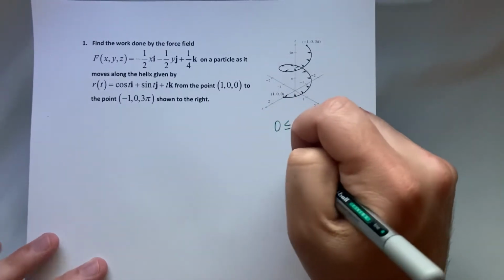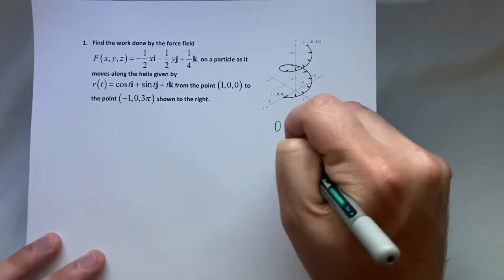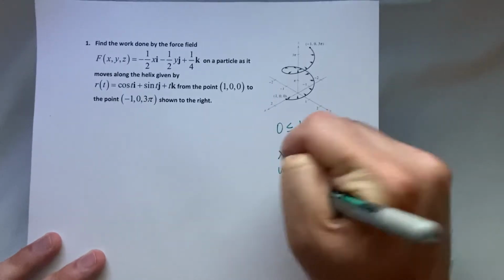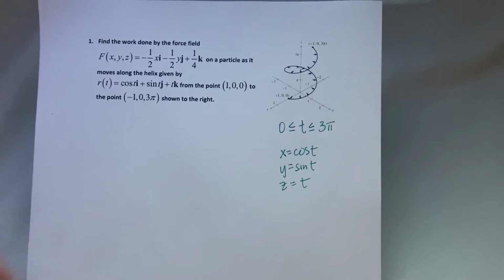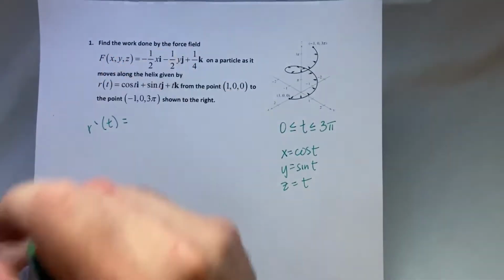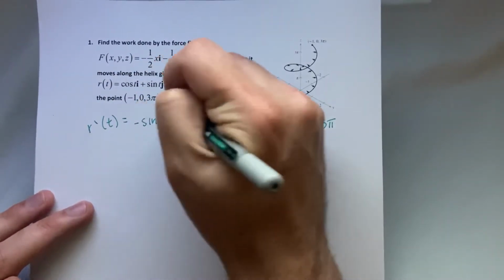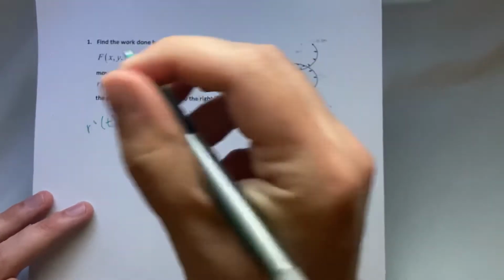We know x is cosine t, y is sine t, and z is t. So let's find r'(t). It looks like the derivative is negative sine t i plus cosine t j plus k.